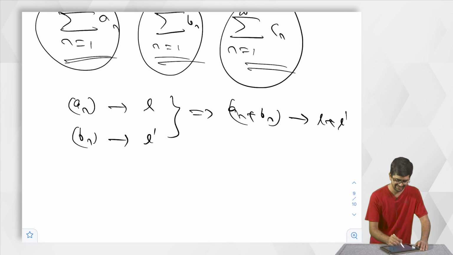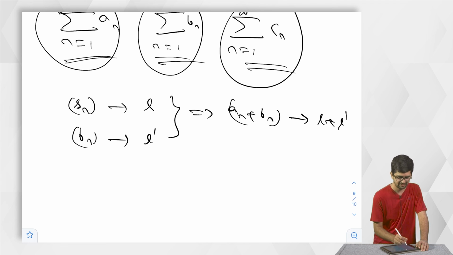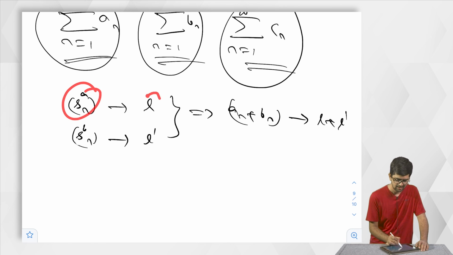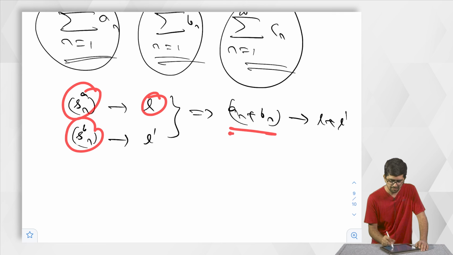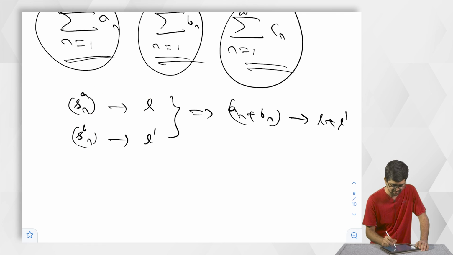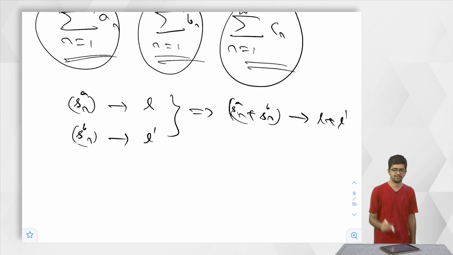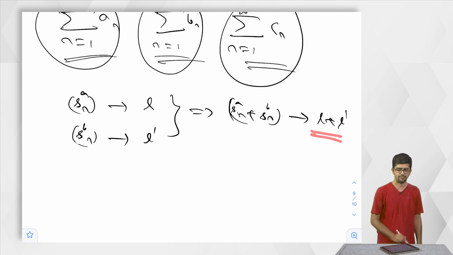In particular, in the following case, where this A is the sequence of partial sums associated to the sequence A, and this B is the sequence of partial sums associated to the sequence B. Suppose they are convergent, then the sum, here it is the corresponding SAn plus SBn, converges to just this sum.